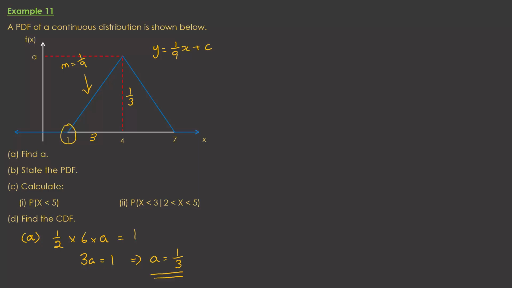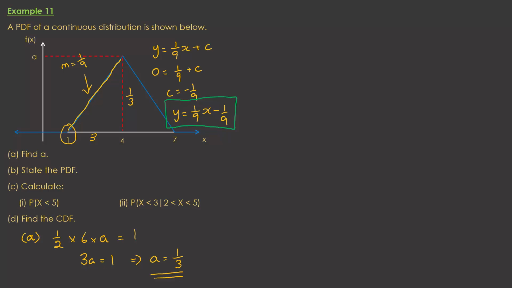But it goes through 1, 0. So 0 is equal to 1/9 plus a constant. And so the constant is negative 1/9. So this section here has equation y is equal to 1/9 x take away 1/9. And we'll use that as part of the CDF in a moment.